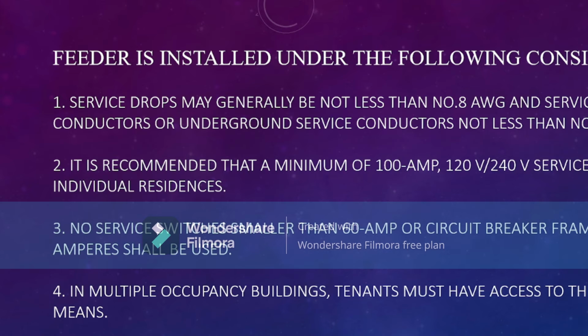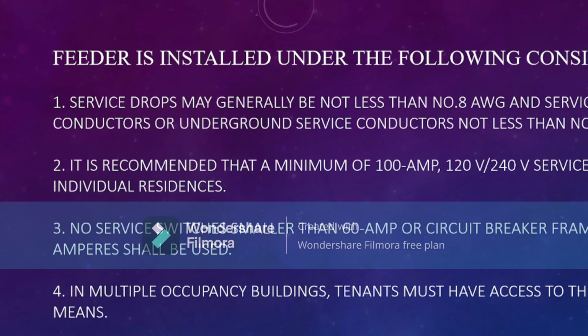Feeder is installed under the following considerations. Number 1, service drops may generally be not less than number 8 AWG, and service entrance conductors or underground service conductors not less than number 6 AWG. Number 2, it is recommended that a minimum of 100 amperes, 120/240 volt service be provided for all individual residences.